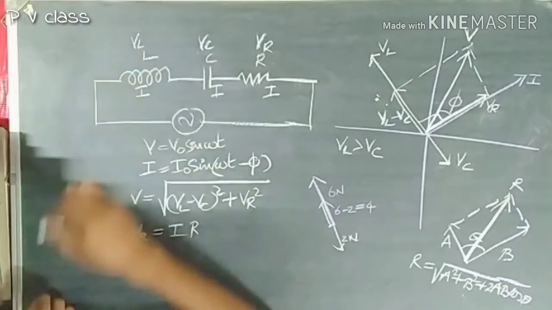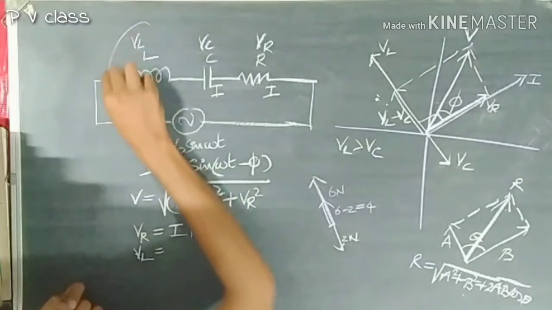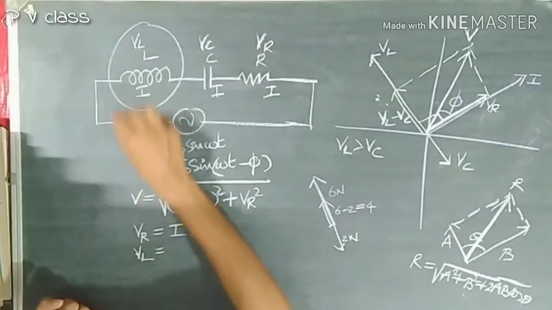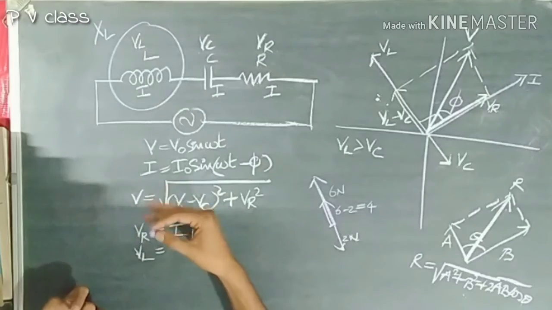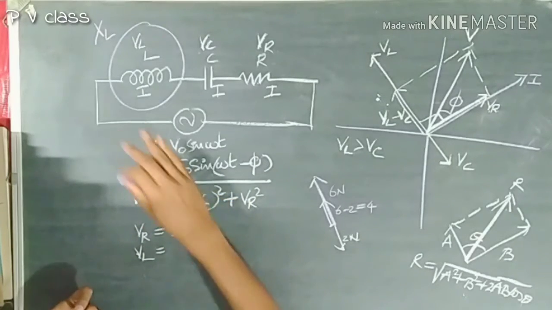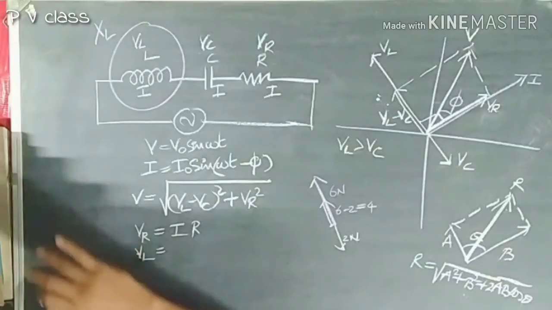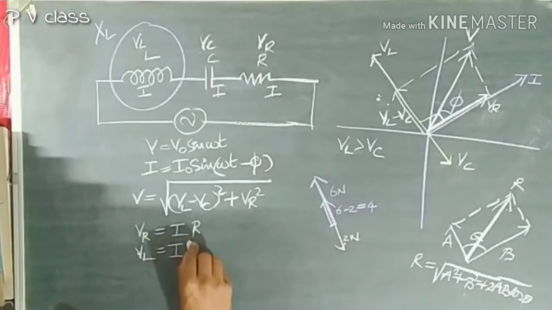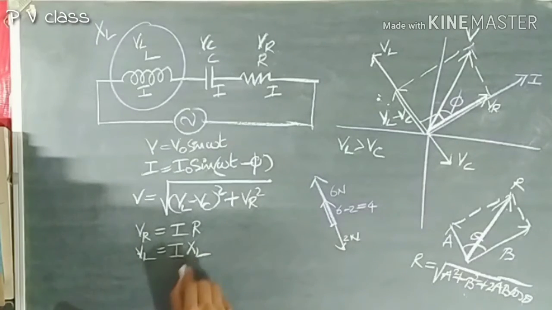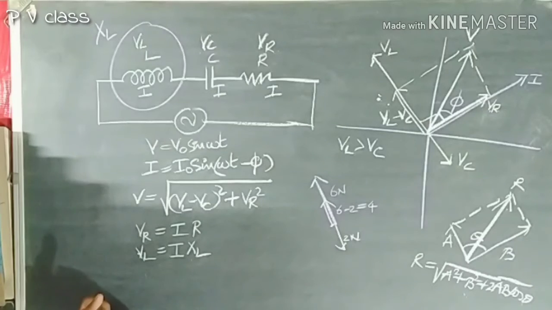The inductor will offer an obstruction of XL. We have learned that the total obstruction offered by inductor to the flow of current is inductive reactance XL. Therefore, VL can be written as I into XL. Who is XL? XL is inductive reactance.